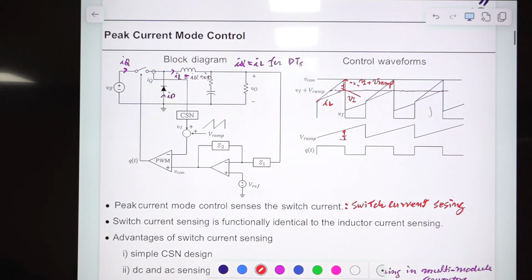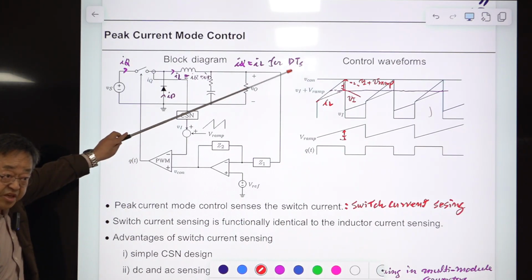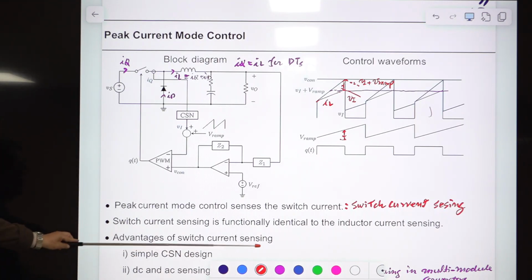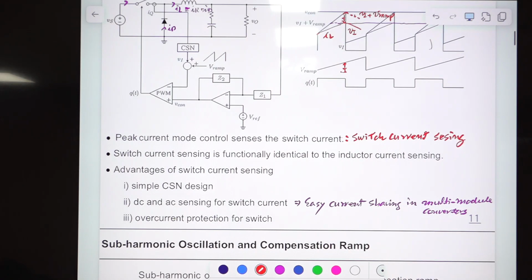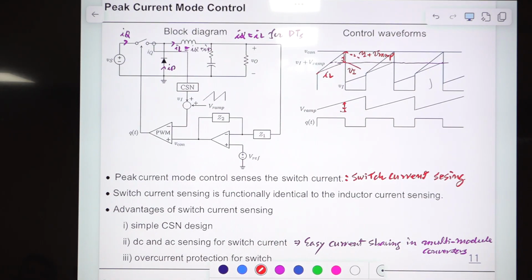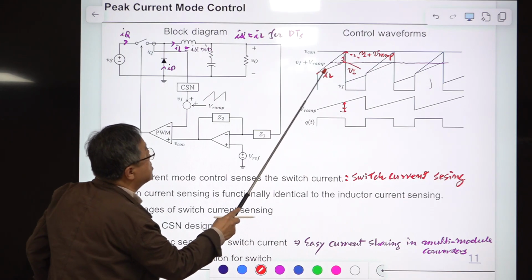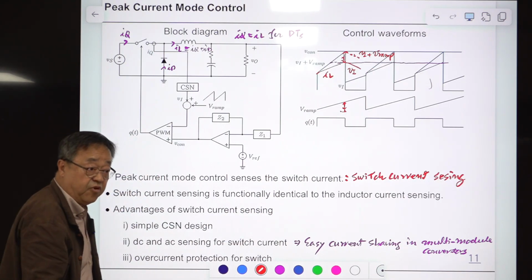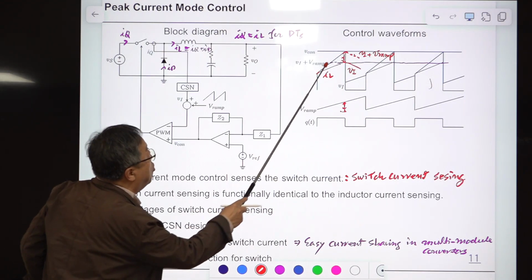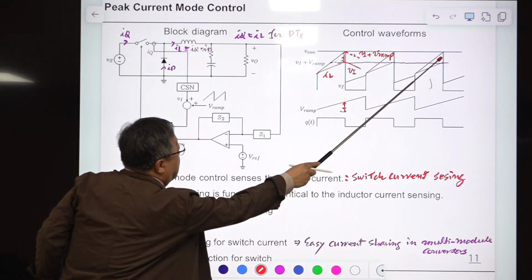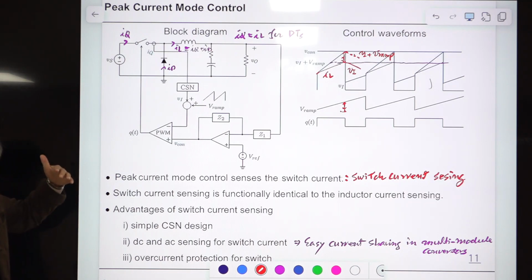So switch current sensing is functionally identical to inductor current sensing, as I explained here. And an advantage of switch current sensing is that it is easier than inductor current sensing, so the current sensing network design is simple. If you sense this switch current, you are sensing the AC and the DC information. If you sense only the inductor current, only AC information is obtained.